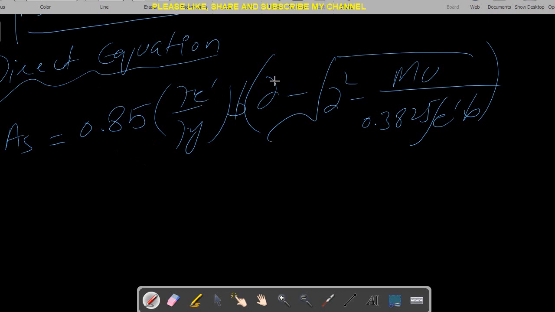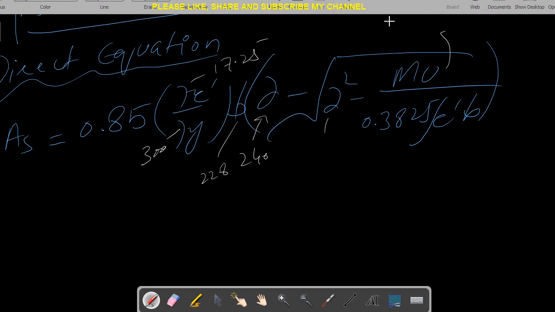The d value is 240, the b value is 228, fc prime is 17.25 MPa, fy is 300 MPa, and d similarly 240 square.